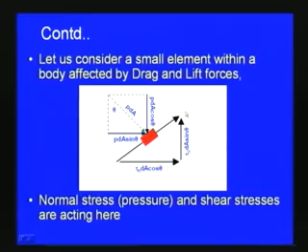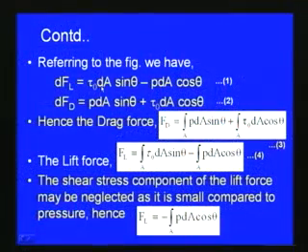With respect to the pressure or normal stress and the shear stress, we can derive the expression for the drag and lift. With respect to this figure, on the elemental area which we consider, the lift force dFL is equal to tau 0 dA sin theta minus P dA cos theta.